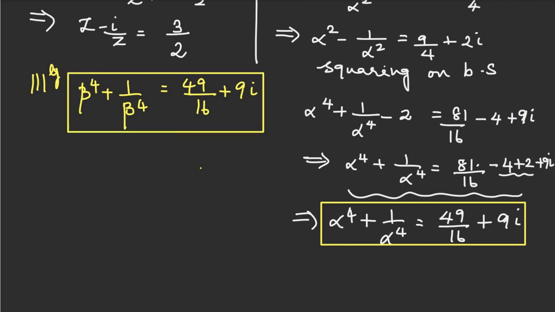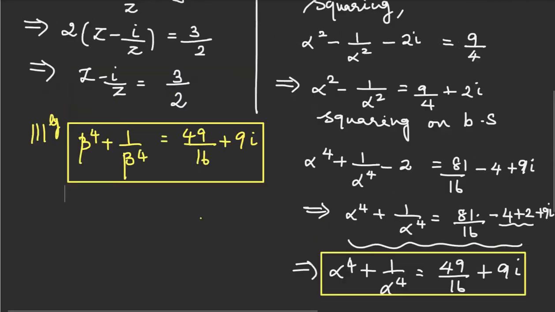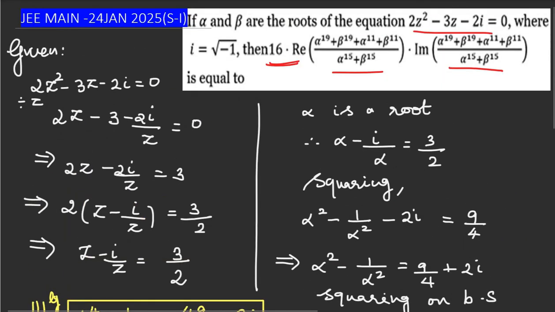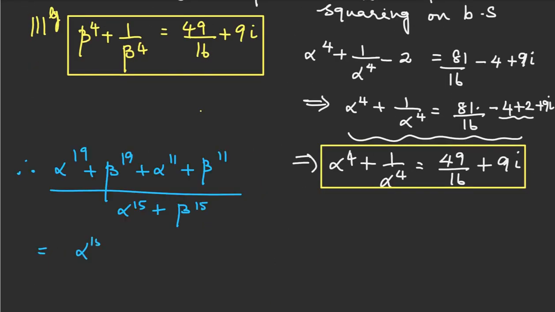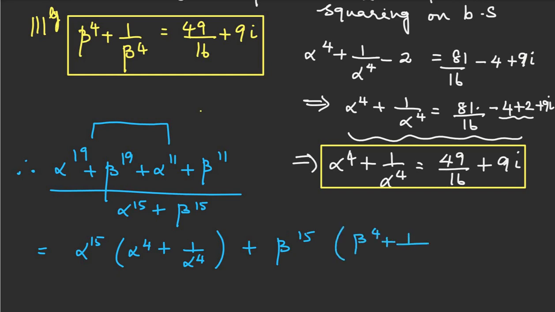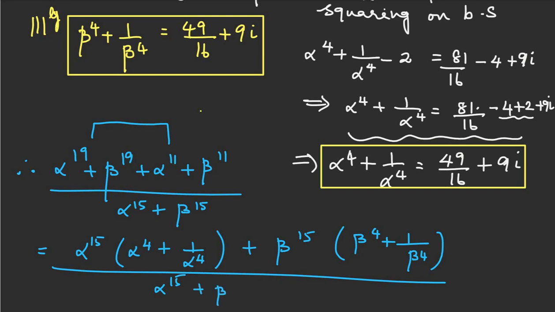Now let us see what question is given. The question is 16 times the real part into the imaginary part, which equals alpha power 15 into alpha power 4 plus 1 by alpha power 4, plus beta power 15 into beta power 4 plus 1 by beta power 4, divided by alpha power 15 plus beta power 15.